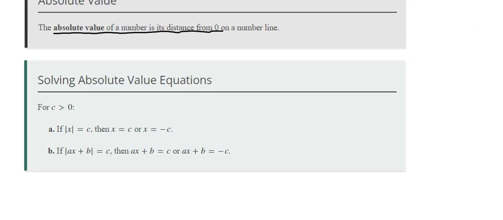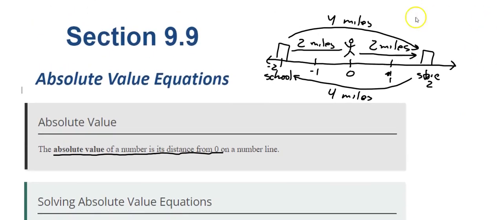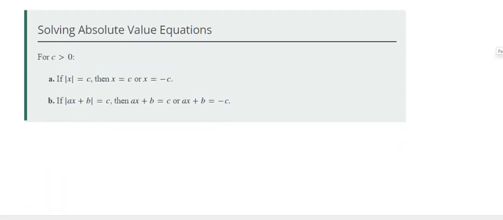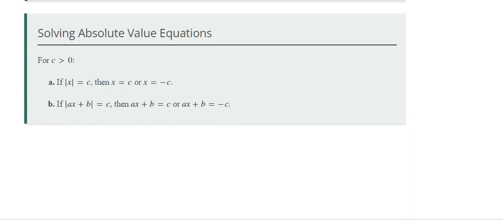Remember, we can go either direction. You're standing here, you can go either way. If I had absolute value of x equals 2, well, that x is going to go either to -2 or it's going to go to +2. So, like I said, this will become more apparent once we start doing some examples.